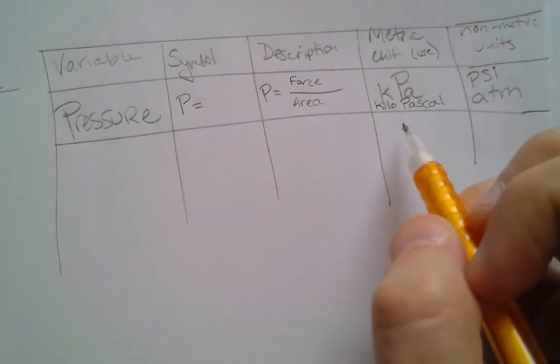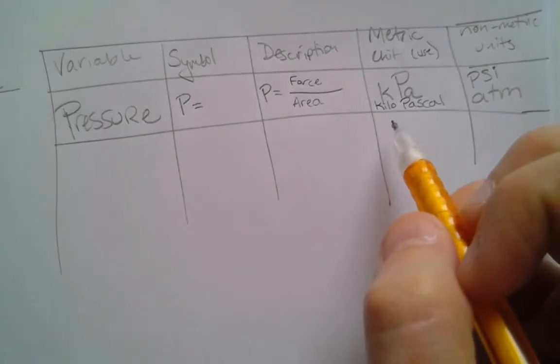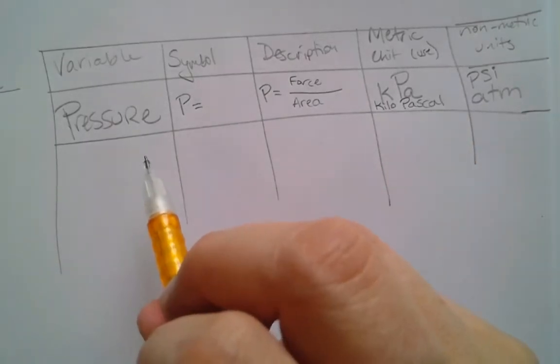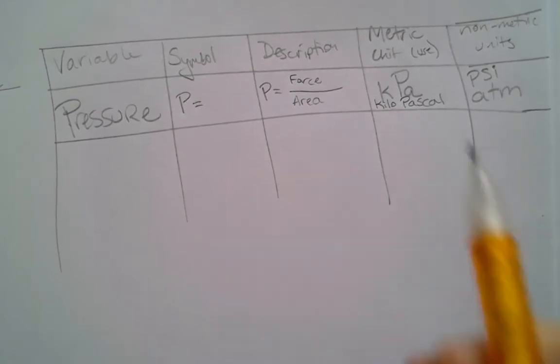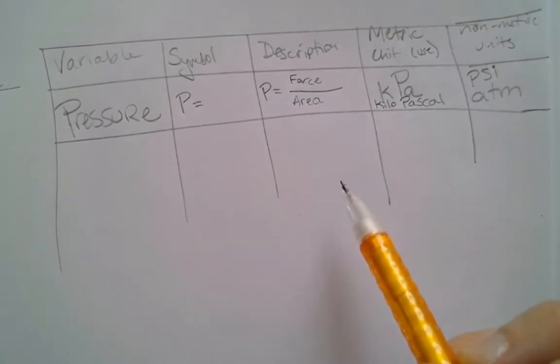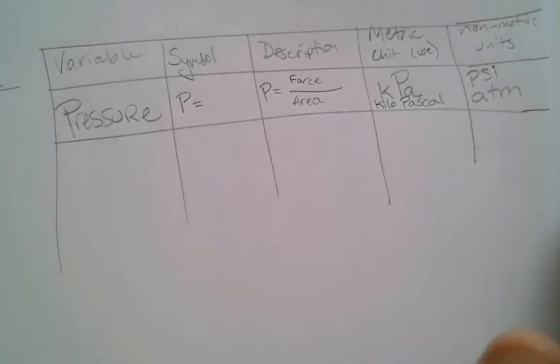Just realized that pressure and Pascal start with the same letter. Whatever. So kPa are your desired unit of pressure. When we get to the bottom here, we'll do some conversions so that you know how to go between these things. But for now, let's just give you that.